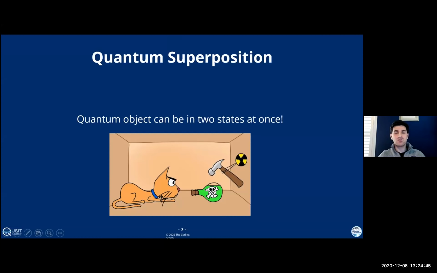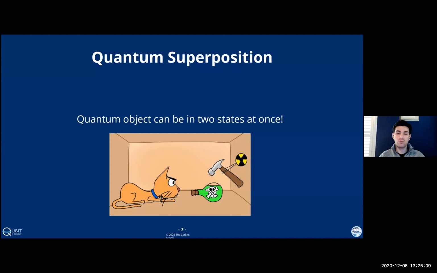So again, let's do a quick recap of quantum superposition. In quantum mechanics, objects can be in 2 states at once. An example, just a rough big picture, is Schrodinger's cat. We put the cat in a box, we seal the box, and there's a mechanism that kills the cat with 50% probability and does nothing with 50% probability.